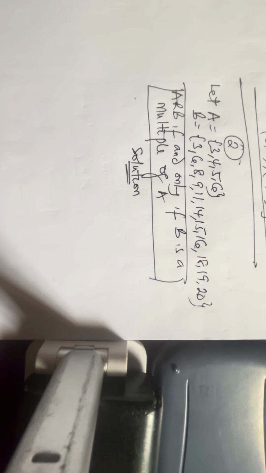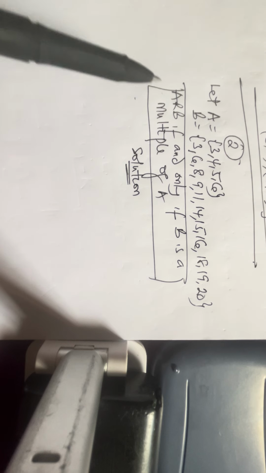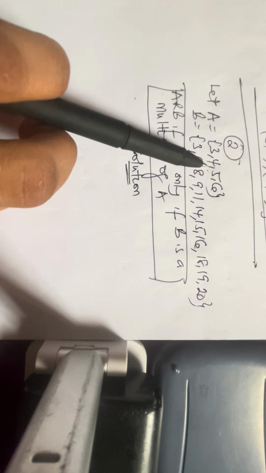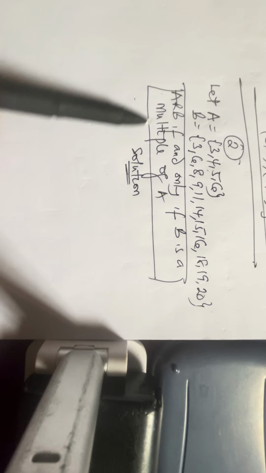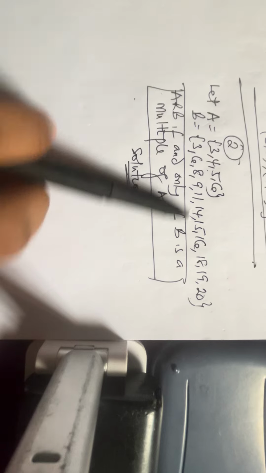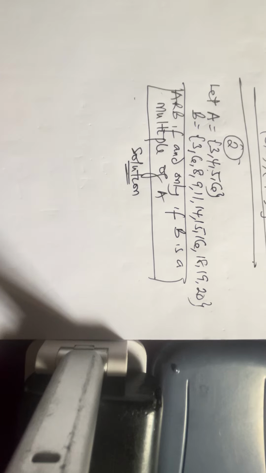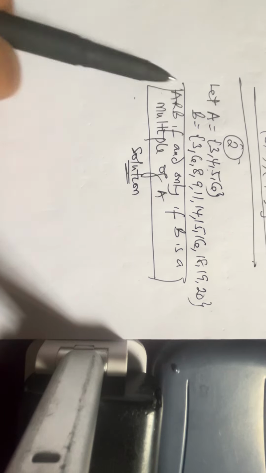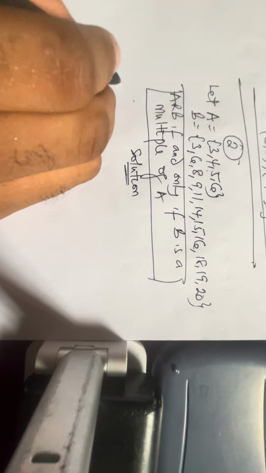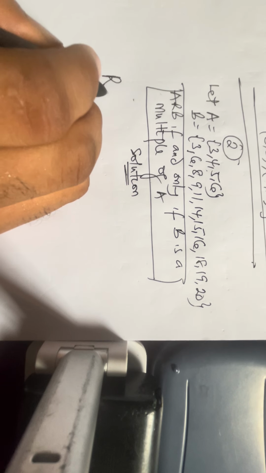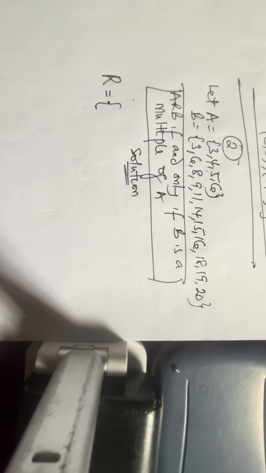So that is simple. One thing you need to note is that the relationship between set A and set B is defined by this rule. Okay, so now what will be our relation? When we say multiple, what comes to mind?